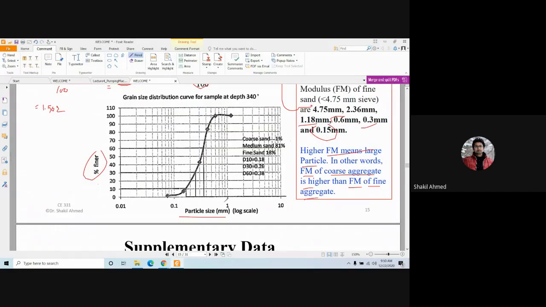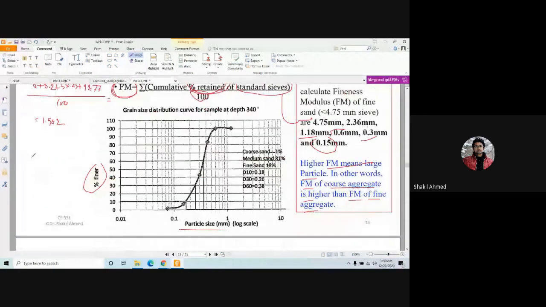Anyway, now let's go back to the uniformity coefficient. We can have a parameter that is D60 by D10. What is this? D60 is the size of the particle corresponding to 60% finer. That means 60% finer size is what, guys? This is 0.1, 0.2, 0.3, 0.4, 0.35, something like that.